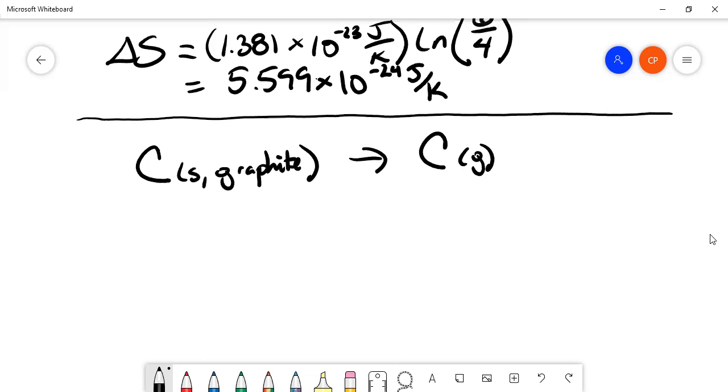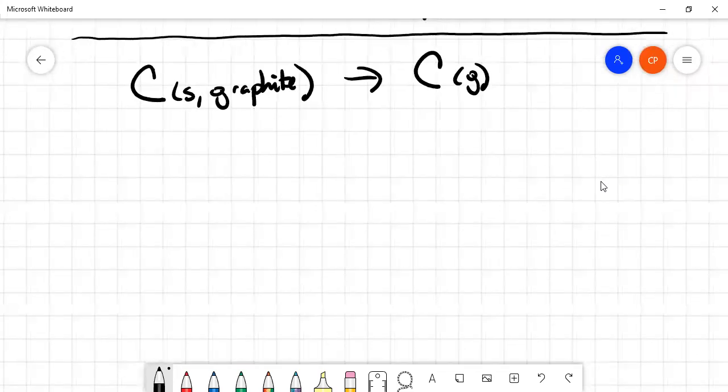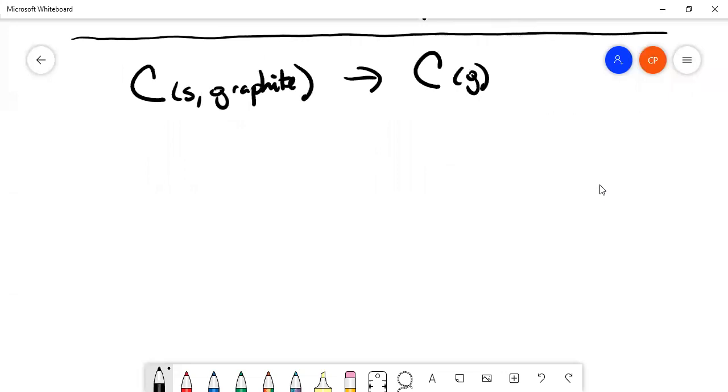What type of transition am I talking about here? I'm taking carbon from the solid phase in graphite, the same type of stuff that turns up in pencil. And I'm transitioning it to a gas. Let me spoil the story before I tell it.